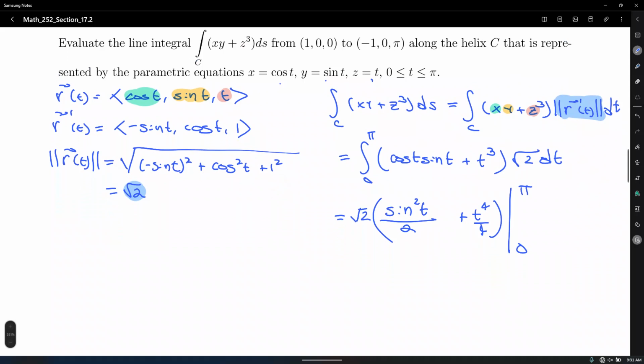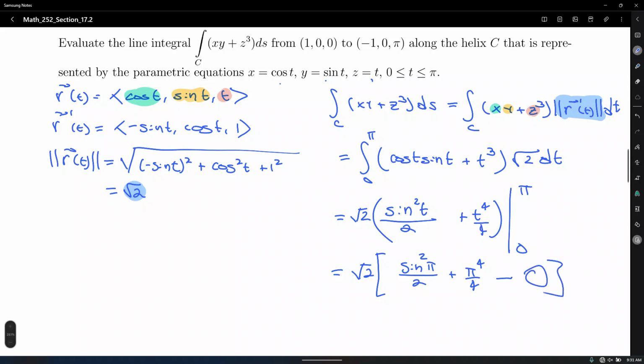Let's do upper limit minus lower limit. Square root of 2 times, upper limit, sine pi squared over 2 plus pi to the fourth over 4, minus, do you agree that if we substitute the lower limit of 0 into those two terms, we get all zeros?